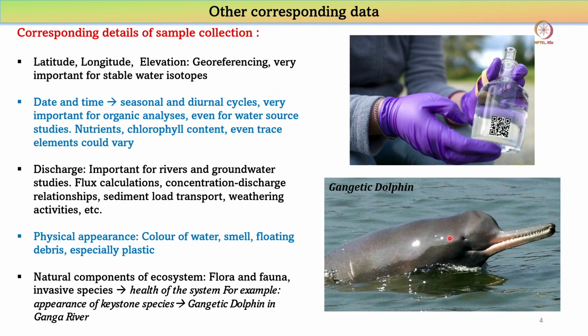During the daytime, sunlight will be there, so there will be more photosynthetic activity, and during the night time, there will be less photosynthetic activity. Related to that, there will be some changes with the DO, and you may see certain changes in some other nutrients, or certain metals also can sometimes show slight variations in the diurnal cycle.